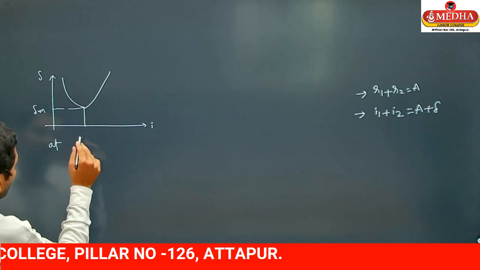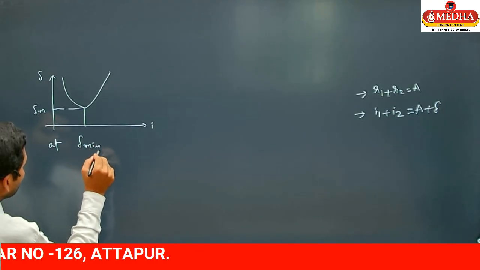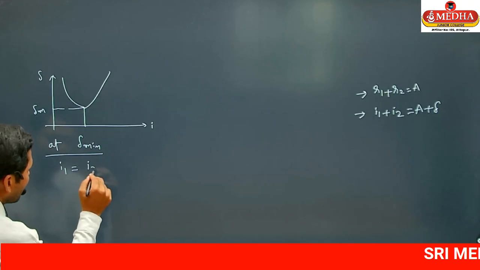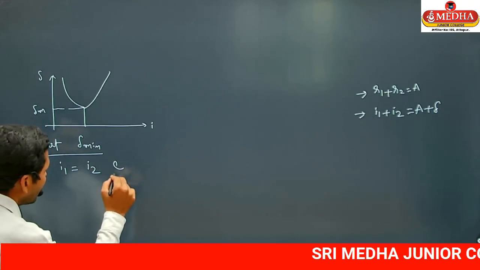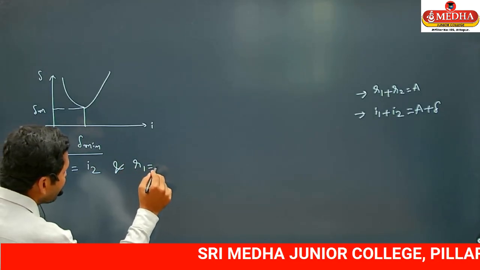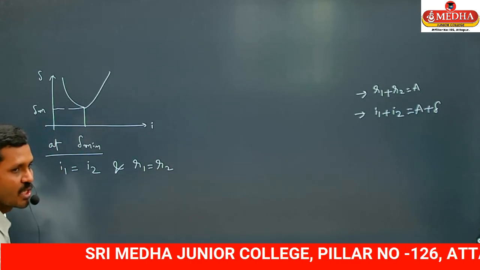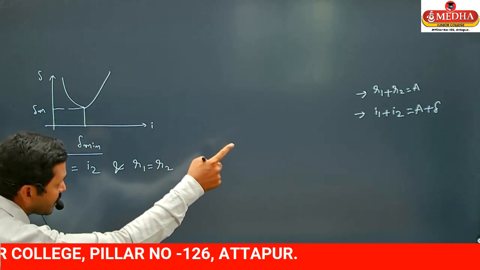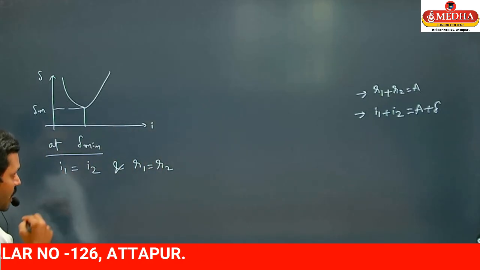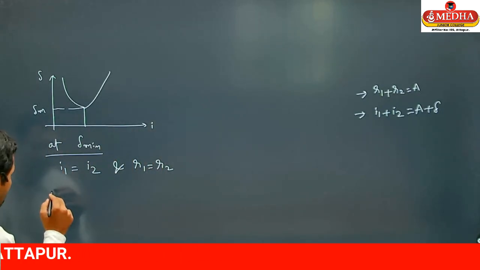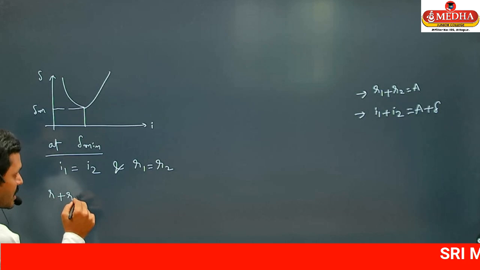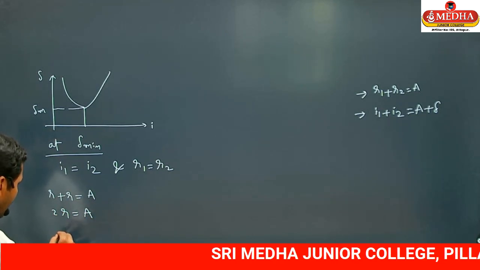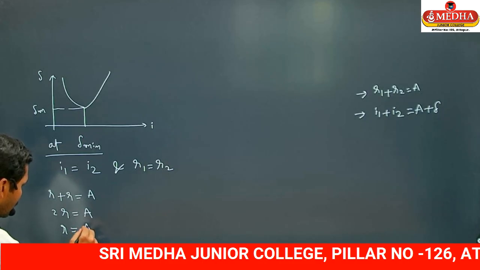So at the angle of minimum deviation, what can we take? The angle of incidence and the angle of emergence are both equal, and the angles of refraction at the two surfaces are also equal. Substituting these in those relations: R1 plus R2 means R plus R is equal to A. So 2R is equal to A, and R is equal to A by 2.